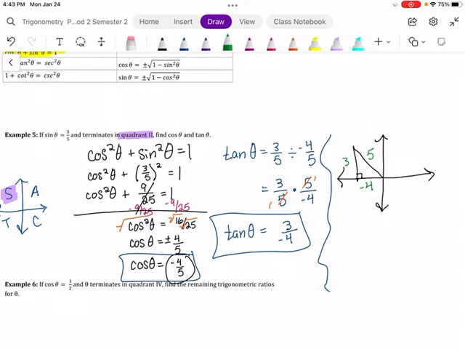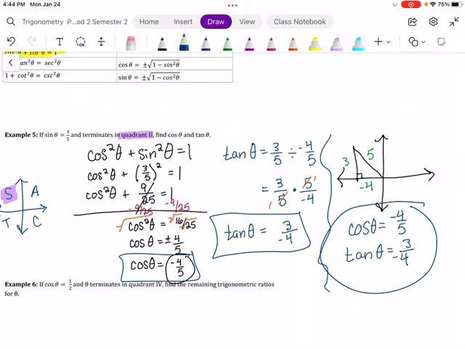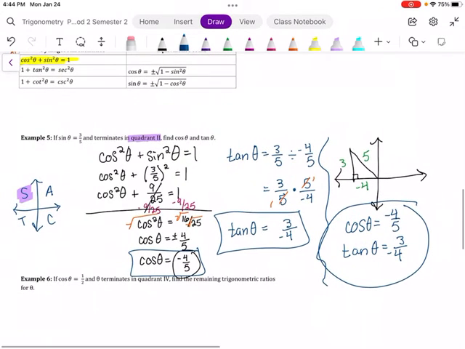And then you can use that triangle to figure out what cosine is, negative 4 over 5, and what tangent is, which is 3 over negative 4. So one is a little bit more work, but if that's the way you remember on the test, that'll work. Or the second one works as well. Unless it specifies which method you have to use, you can choose any method you would like.